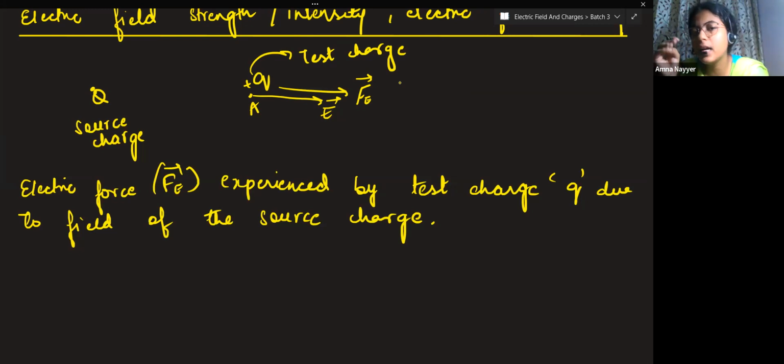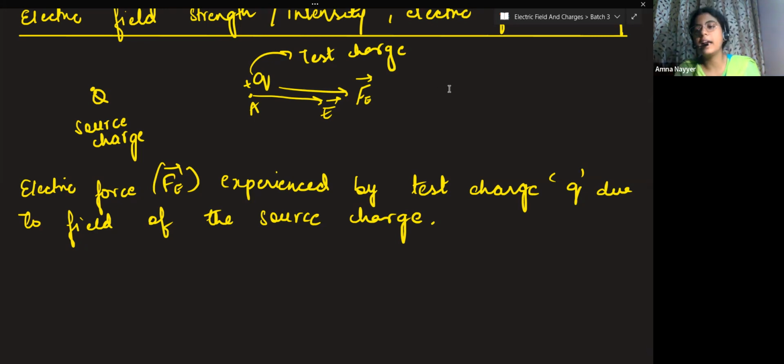So this test charge will be experiencing force due to what? Due to the source charge only. Capital Q will be exerting force on small q. So this test charge experiences electrical force, and these electrical forces experienced by the test charge, we call it electric field.